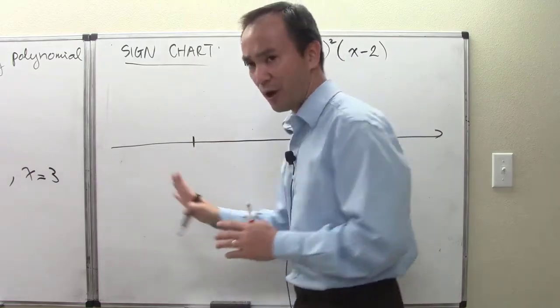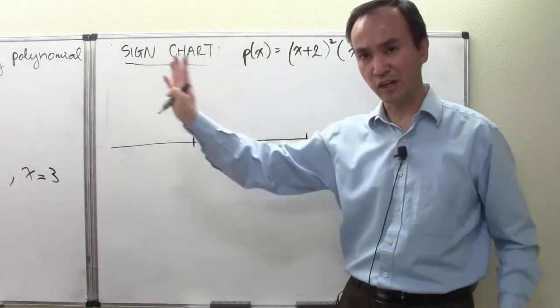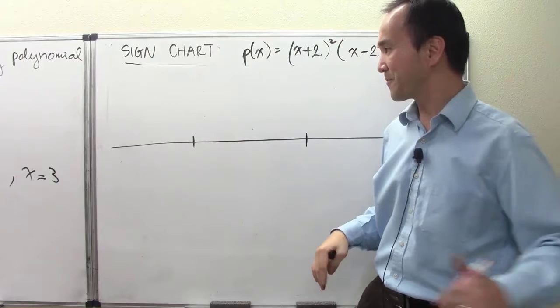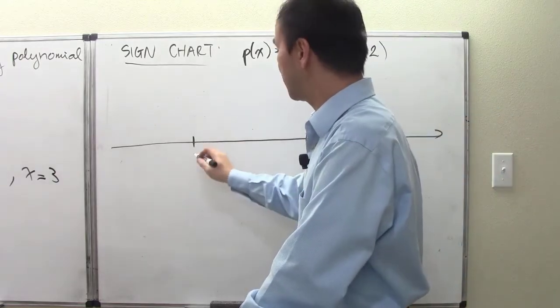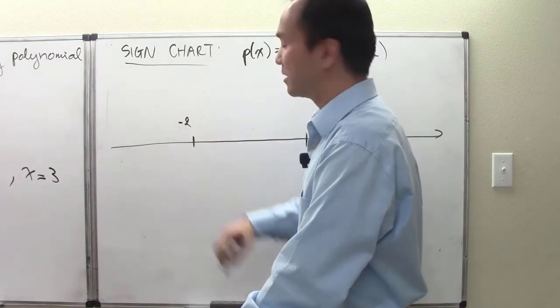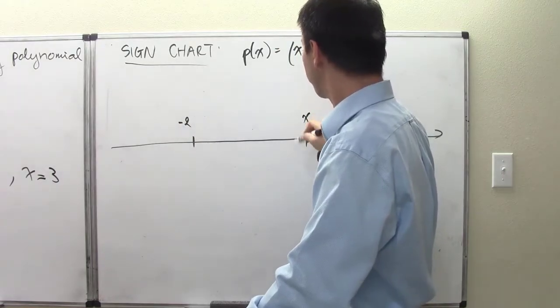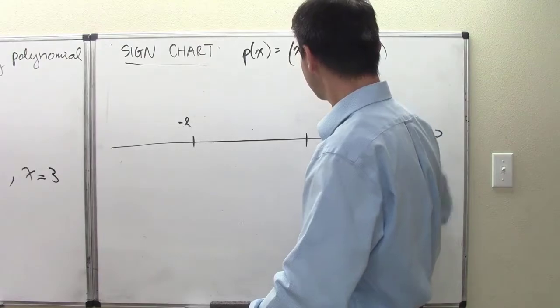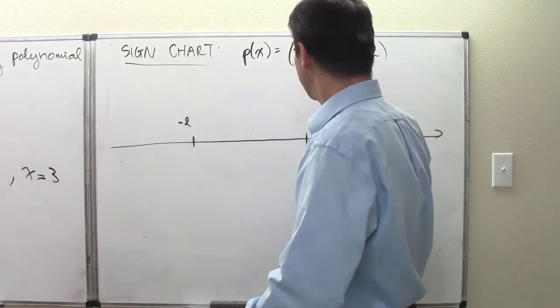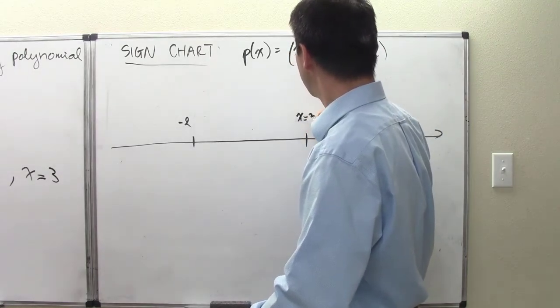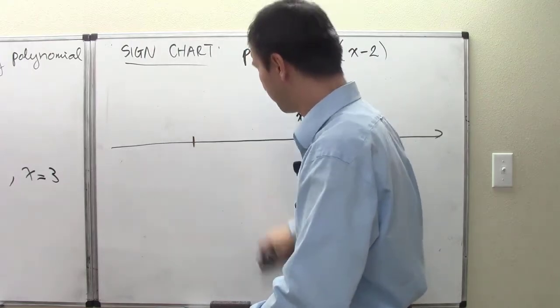We're always going to put all of our zeros on the line from the left to the right. Here, negative 2 is the lowest one on the left, and then the next one here is x equals 3. So formally, x equals 3 is here, and x equals negative 2 is here.